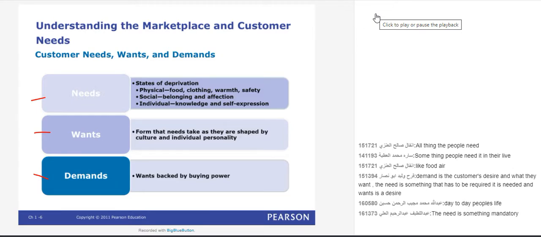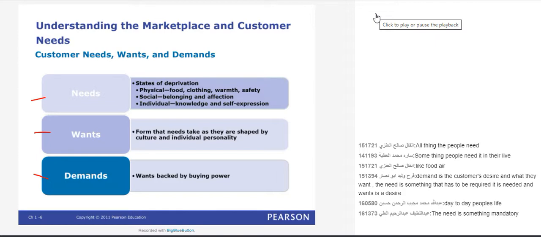Let's first start with a need. A need is a state of deprivation. What is a state of deprivation? It's something that we really feel, that we feel relaxed when we satisfy such a need. For example, if you are hungry, you need food in order to satisfy such a need.